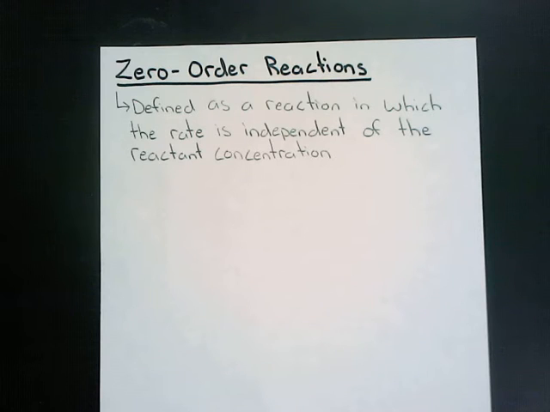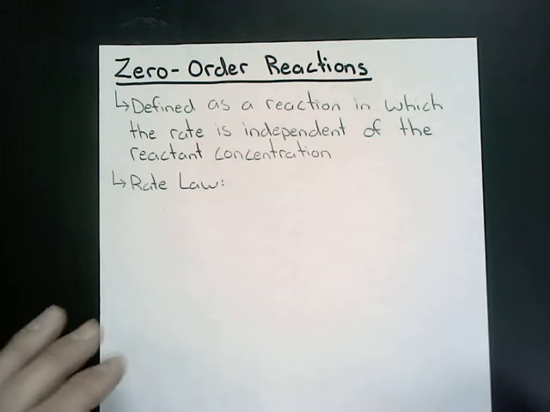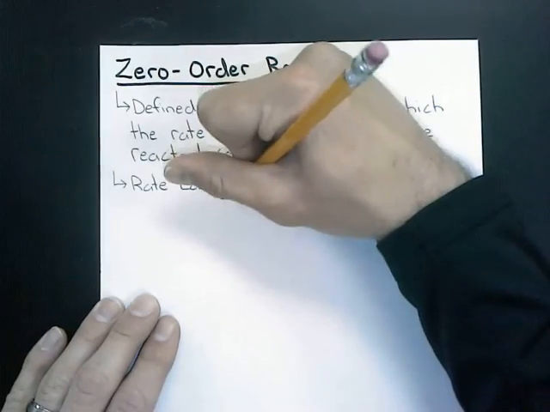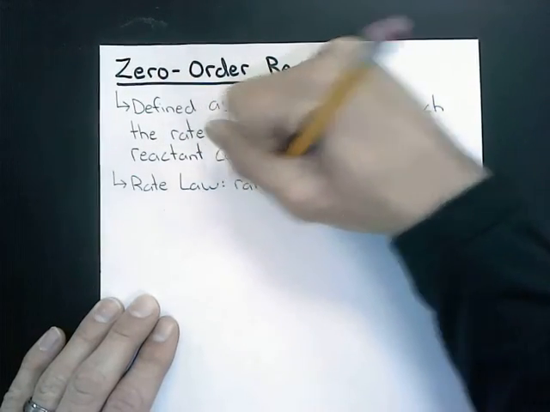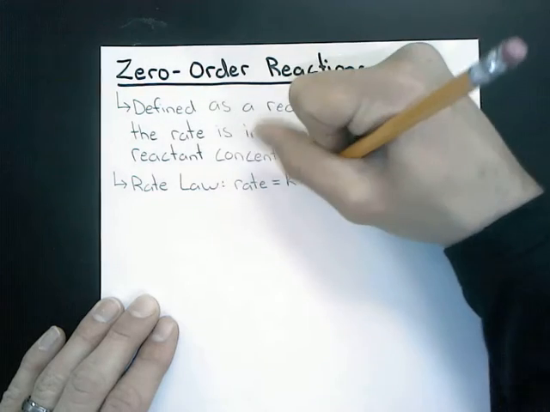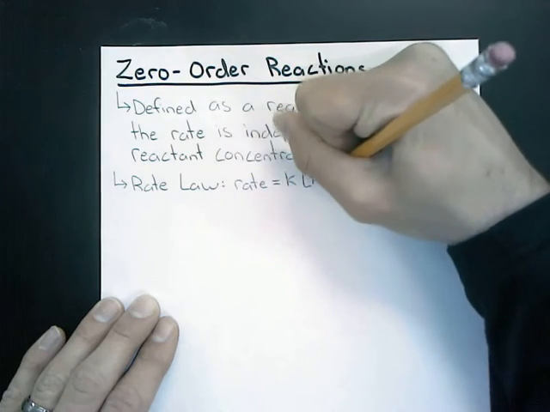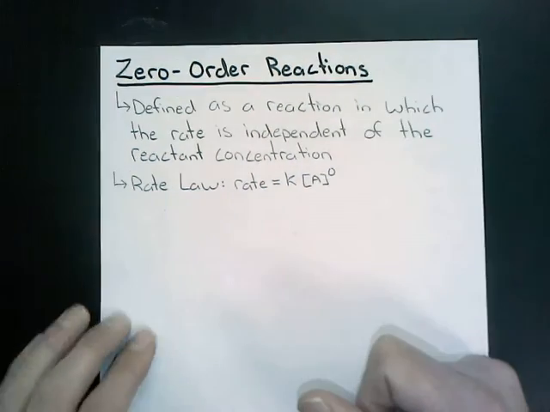Now again, it's always easier to see this definition in our rate law formula. The rate law for a zero order reaction is the rate equals k times the concentration raised to the 0 power.